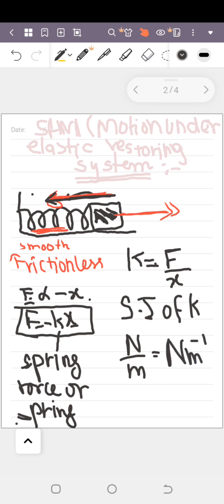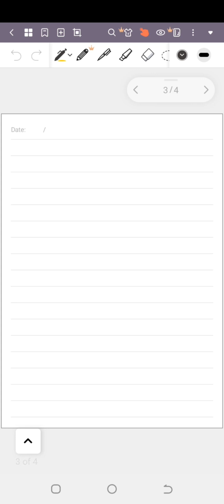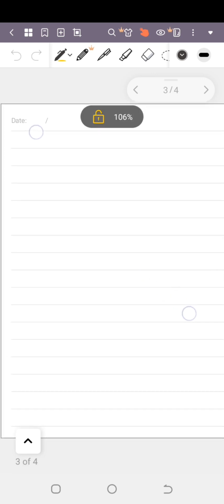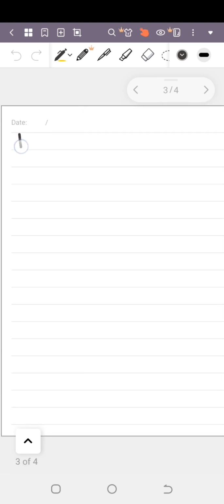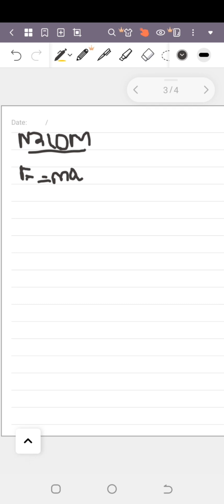Okay, so now I'll apply Newton's second law of motion. According to Newton's second law of motion, we know that force is directly proportional to mass and acceleration.